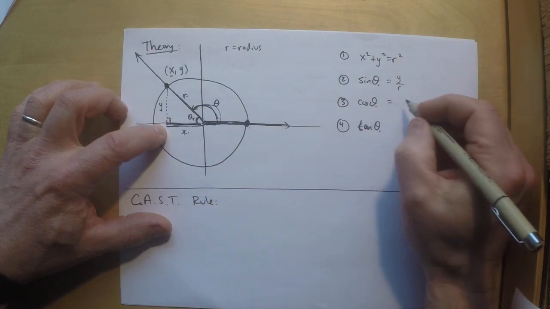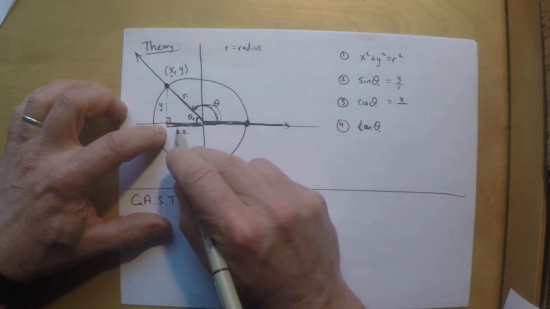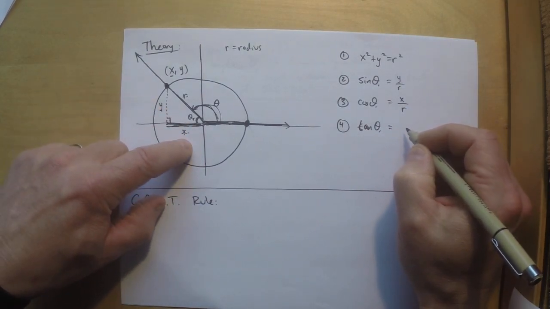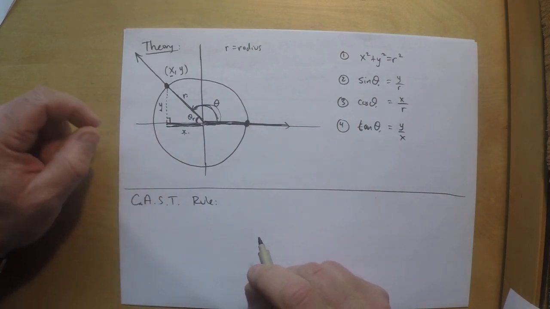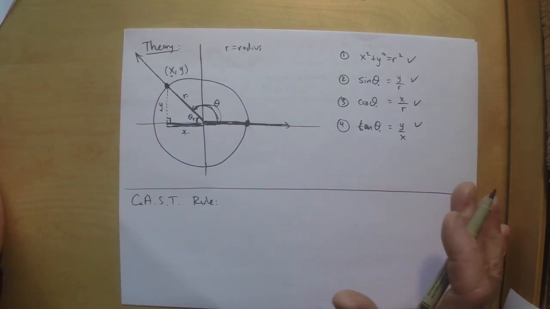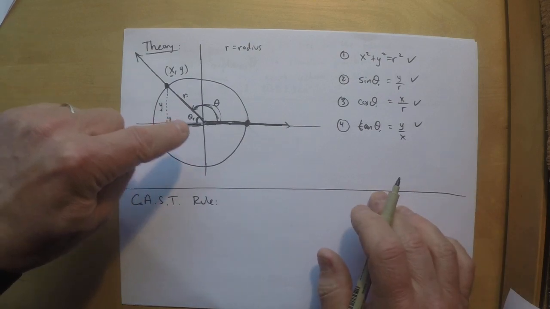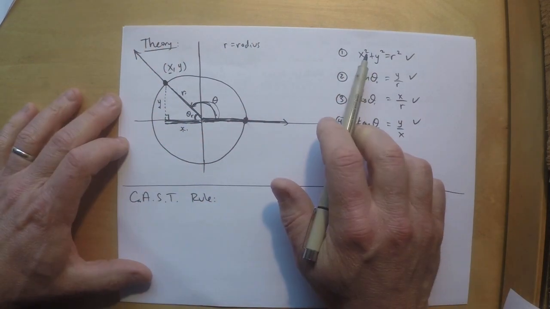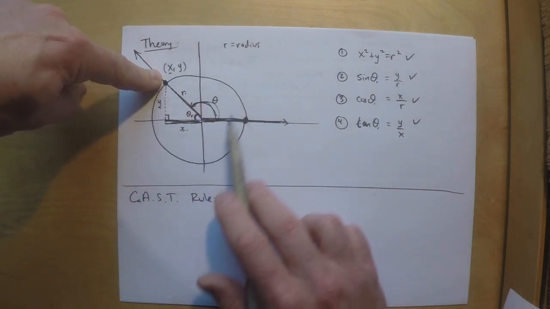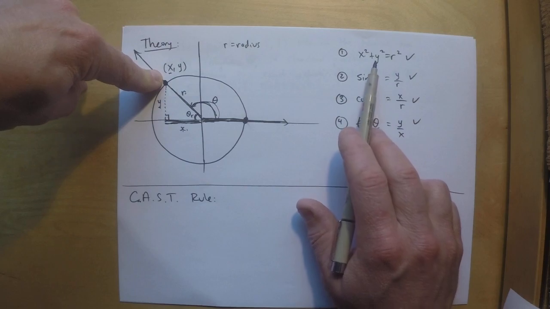Cosine is adjacent, x over hypotenuse r, and tangent is opposite over adjacent, y over x. So those 4 things will always be true. I personally use the picture to remember those. Some people just memorize that forever. They just know that if you're dealing with a point on the terminal arm of a standard position angle, these 4 things come out.